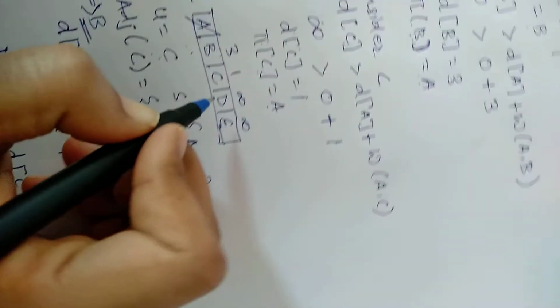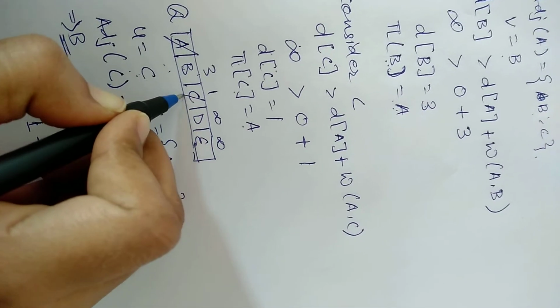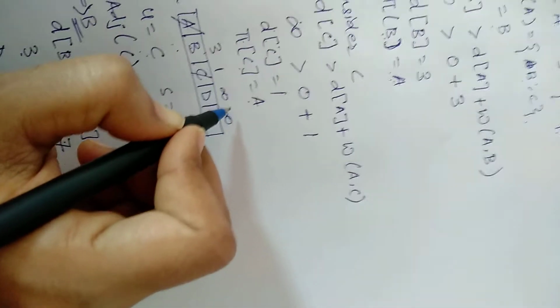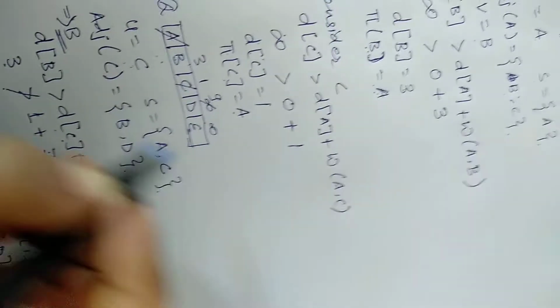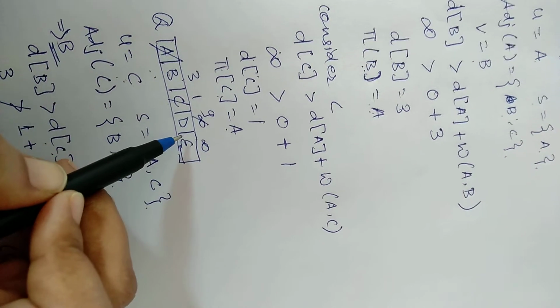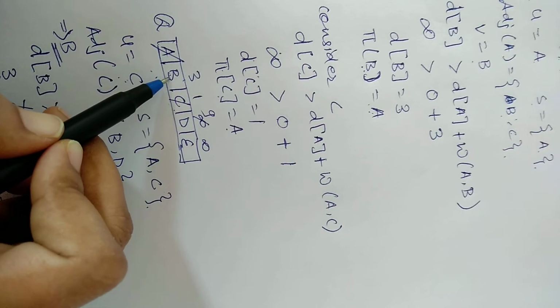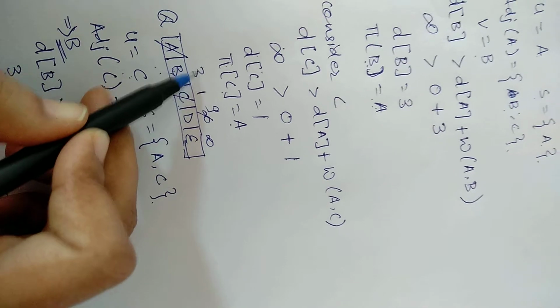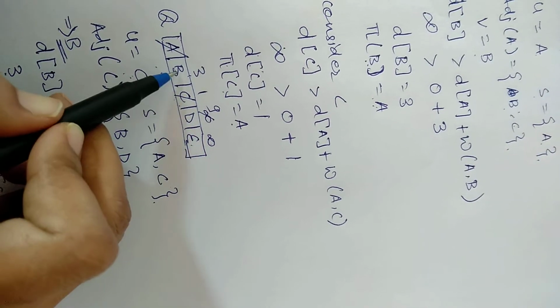So from this Q we have now deleted C. Now the D value gets changed from infinity to 9. Again apply the same iteration. In the next iteration, after applying min Q, B is extracted as it has the minimum value. B is having 3, D is having 9, E is infinity. So B gets extracted.